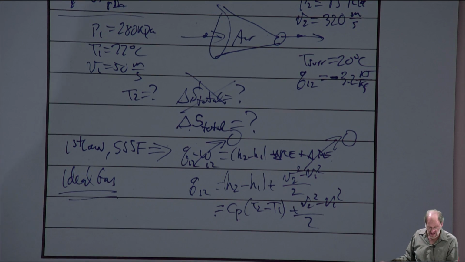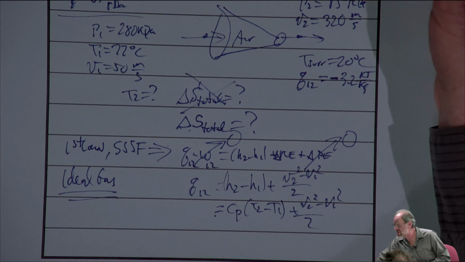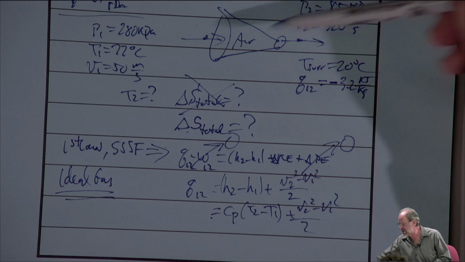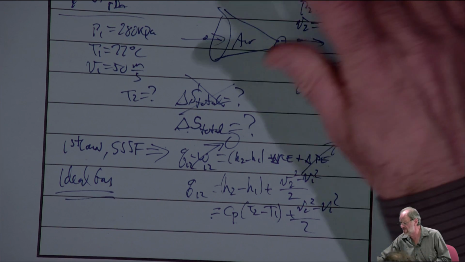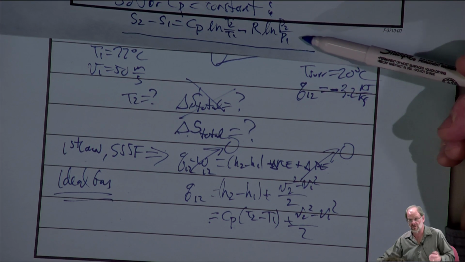Now, one other thing I guess I should note, which of the two entropy change equations would be the appropriate ones to use? Personally, I'd rather use the last one that was derived. After all, we're given both the inlet and the exit pressures, P1 and P2, so I may as well use the version of the equation up here that uses those pressures.